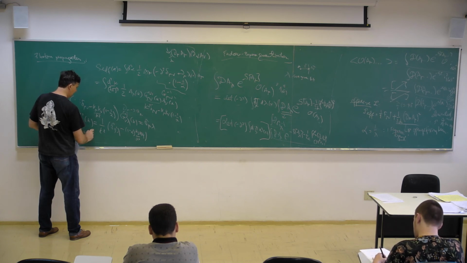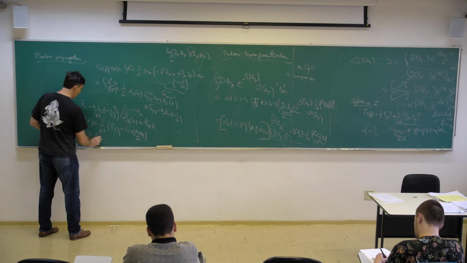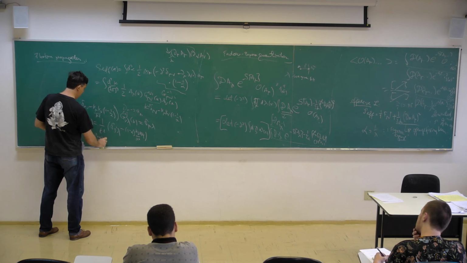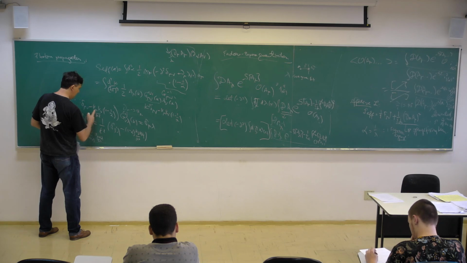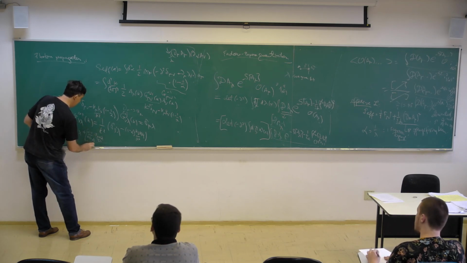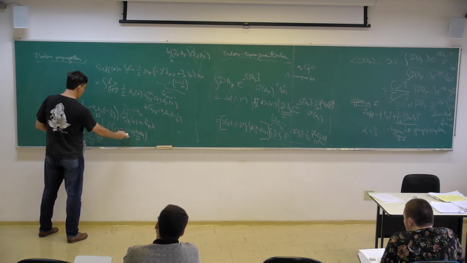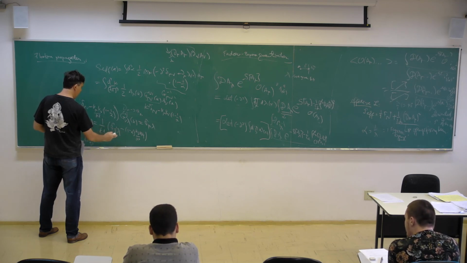So plus, and this is alpha minus 1 over alpha, here 1 minus alpha, k_mu k_lambda over k squared. Then this times this gives the same k_mu k_lambda over k squared, but then minus alpha minus 1 over alpha, and then this times this gives the same term, but now with minus 1 minus alpha.